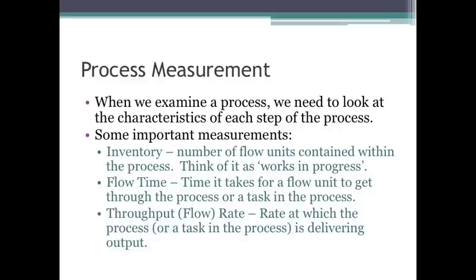So needless to say, this throughput rate is what we're going to be concentrating a lot on in this particular chapter, because this is how fast we get stuff done. So this is how we measure how much a step in a process can get done, and then, by extension, how much the process can get done.